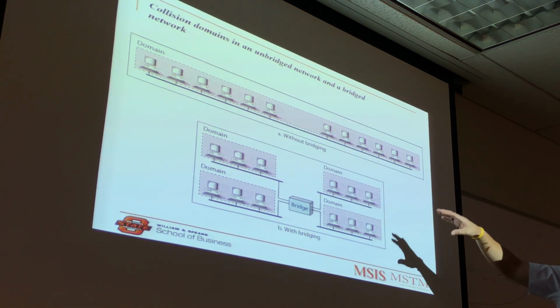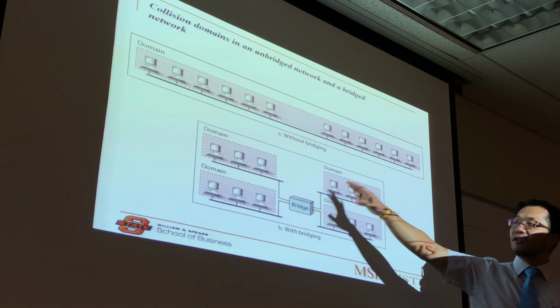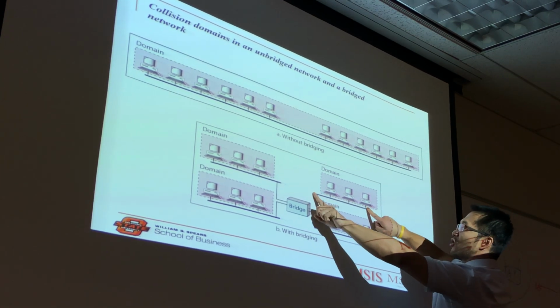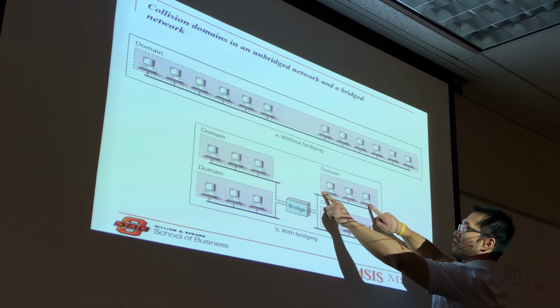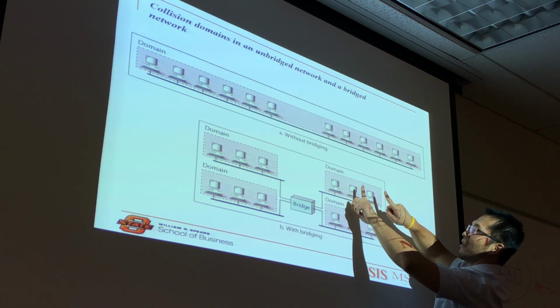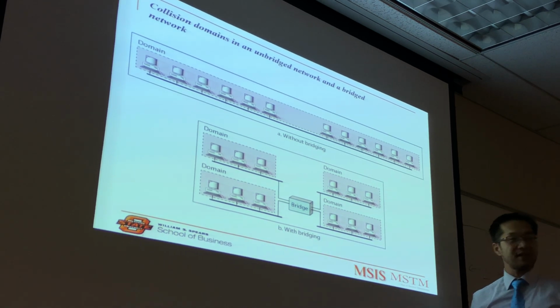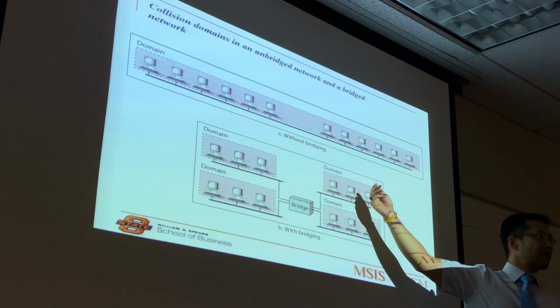So you want to divide them into multiple domains, and these domains are the collision domains. If this section of the medium is shared by 3 computers, and if any 2 of the 3 transmit at the same time, there will be a collision, right?